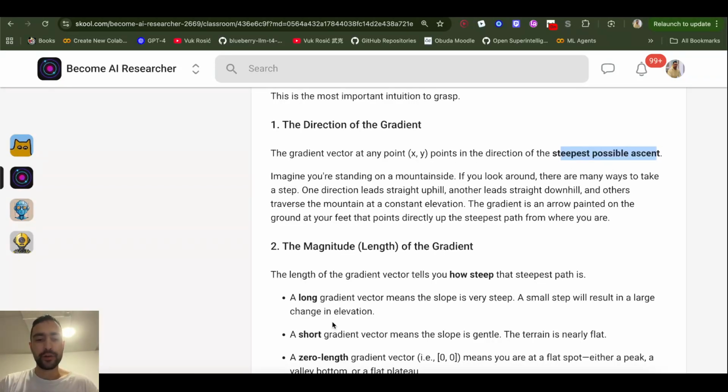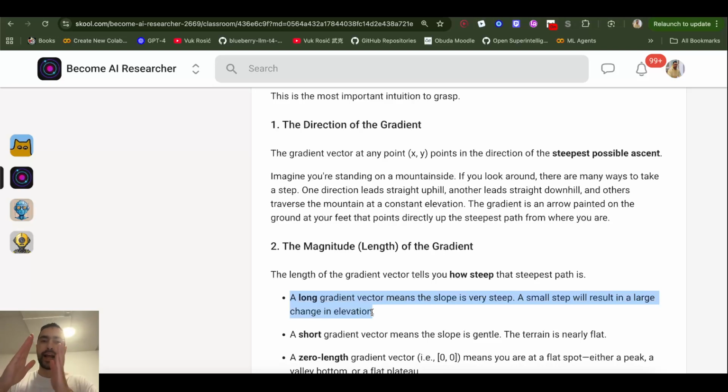A long gradient vector, so if the magnitude is long, means the slope is steep. If you move by one step in that direction, you will stand a lot higher if the gradient is a long vector. If it's a short vector, then you will not climb as much when you take that one step.